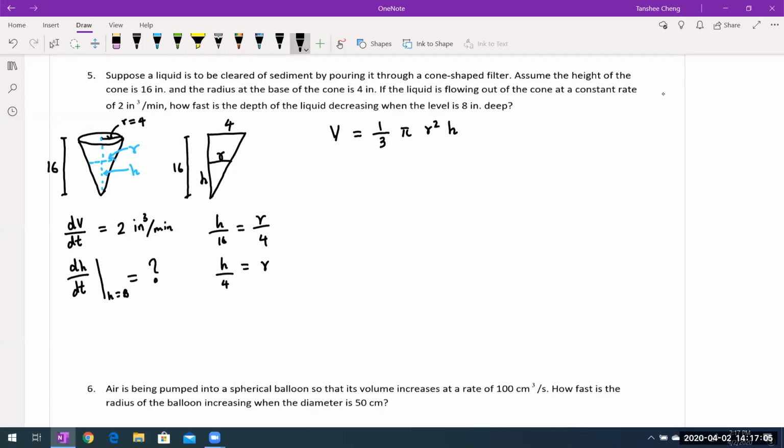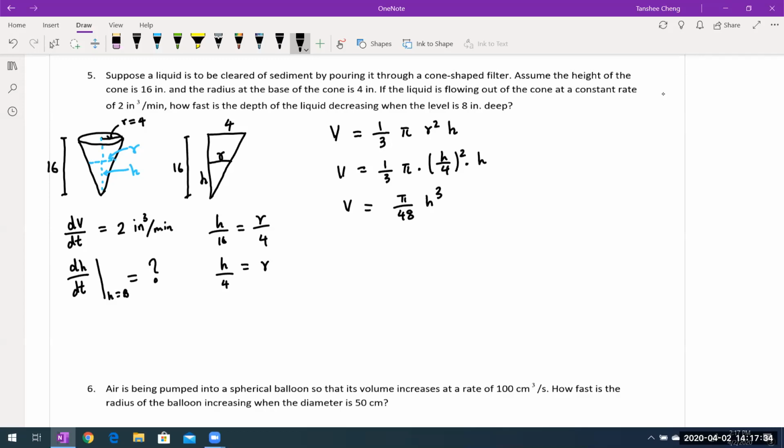This will become V equals 1/3 pi times, replacing r with h over 4 to the second power, times h. Simplifying a little bit, this is equal to pi over 4 squared, which is 16, 16 times 3 is 48, and h to the second power times h is h to the third power.